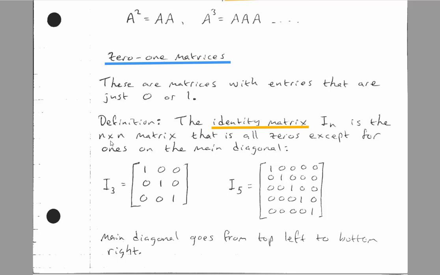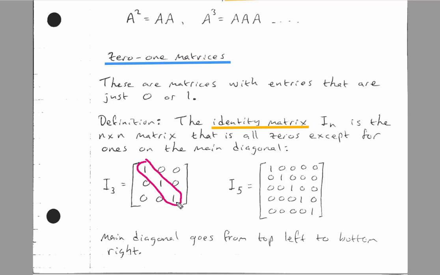So what is that? Yeah, it's a square matrix, size n by n, and all the entries are 0, except it has 1s on the main diagonal. So the main diagonal, that's the diagonal going from the top left to the bottom right.